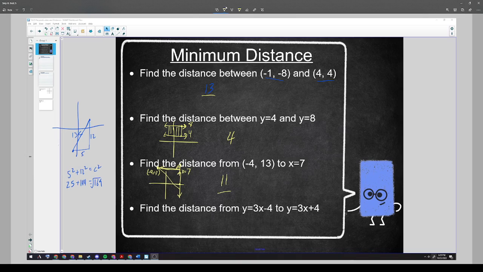And then the last question here, which I don't expect us to be able to do yet in the warm-up, is to find the distance between these parallel lines, which we know is always going to be the same, but they're not horizontal or vertical, meaning the shortest path between them isn't going to be just x or y. So let's sketch what this one would look like, and then we'll talk about how we could figure it out. So we have y-intercepts of 4 and -4, and both have a slope of 3, which is fairly steep.